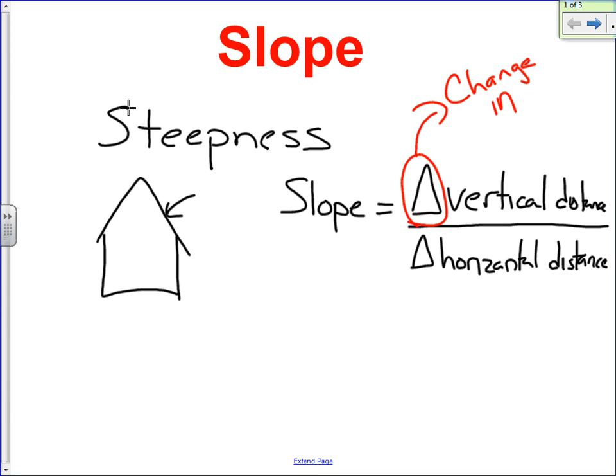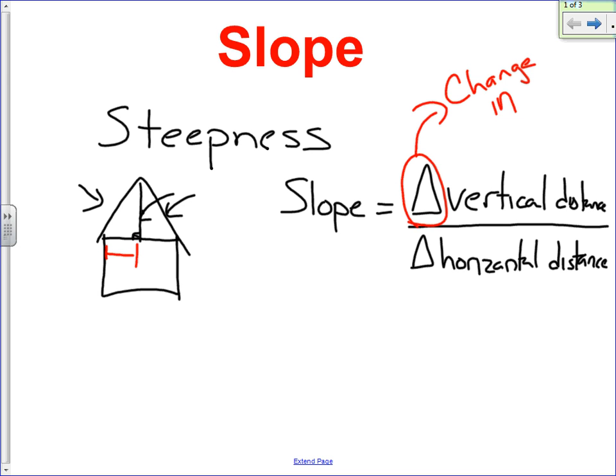So what do I mean by the change in vertical distance over the change in horizontal distance? Well, if we go back to our house and take a look at this roof that we've built, and we want to calculate the slope of the roof, we can do that by creating a right angle triangle on that roof, and we can measure the change in the vertical distance, so that value right there, over the change in the horizontal distance, which is this value right here.